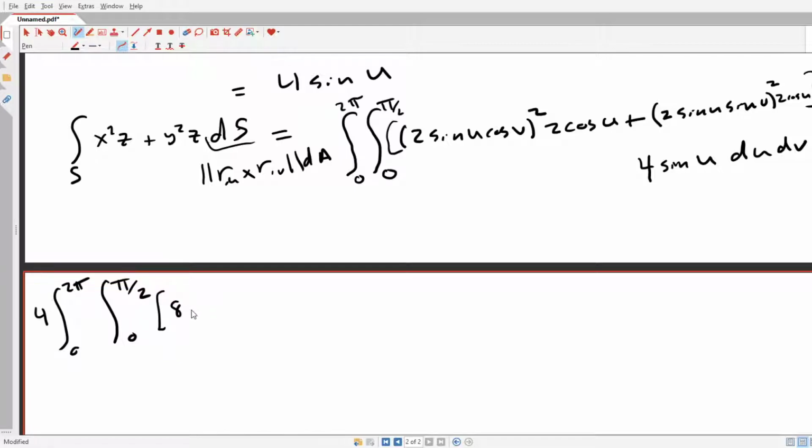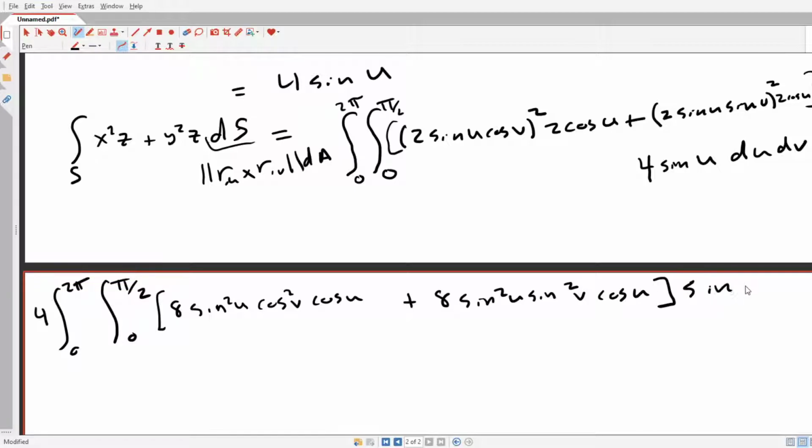I'm going to have 8 sine squared u cosine squared v cosine u, plus, same thing, 8 sine squared u sine squared v, and then that's still going to be cosine u.